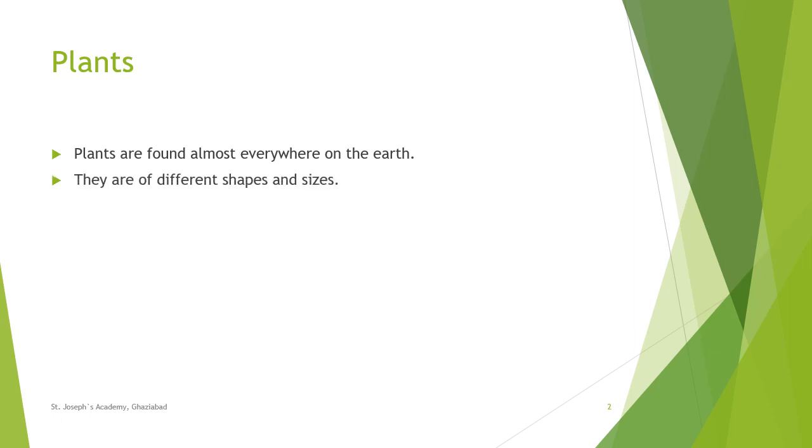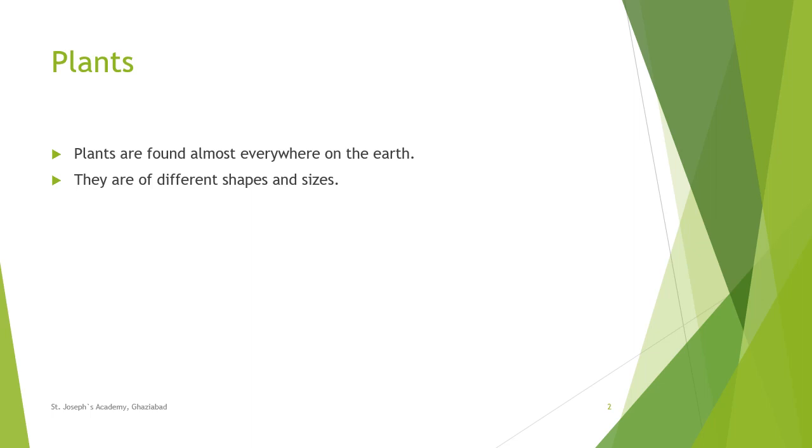You all must be knowing about the trees and plants. And you all must have seen the plants everywhere. As we all know that plants are found almost everywhere on the earth. They are of different shapes and sizes. When you go on the road here and there, you find the trees and plants which are of different shapes and sizes.